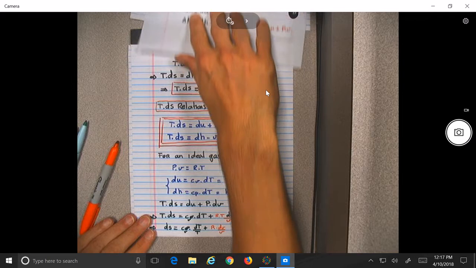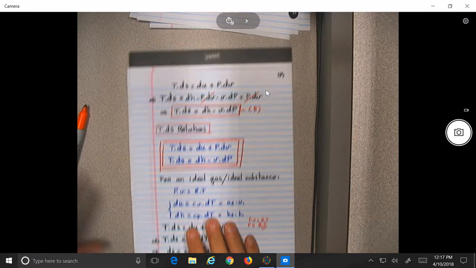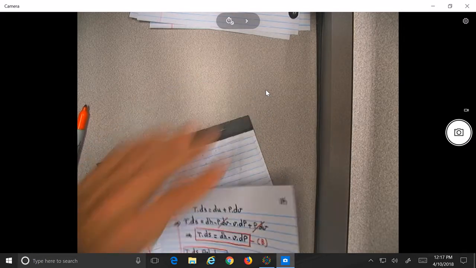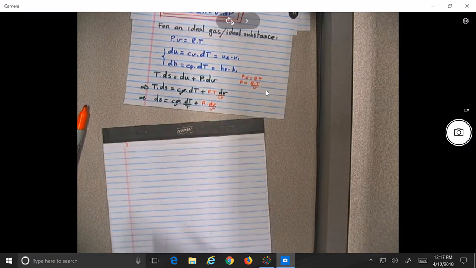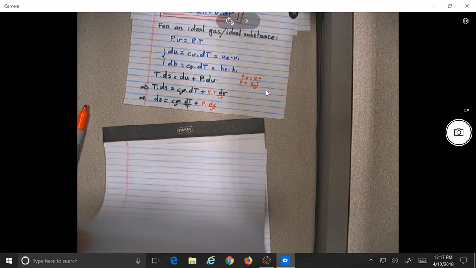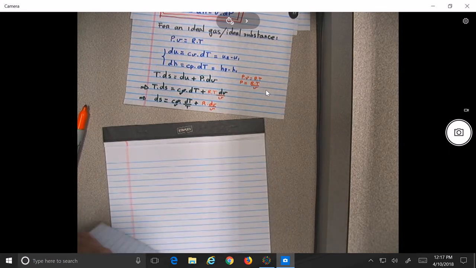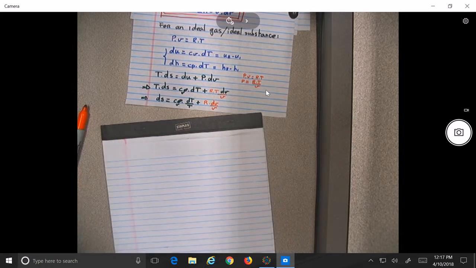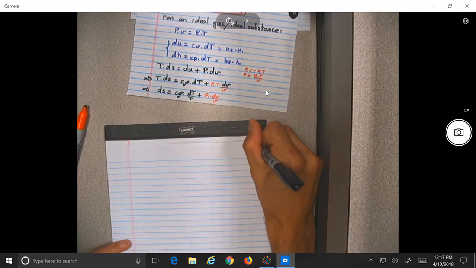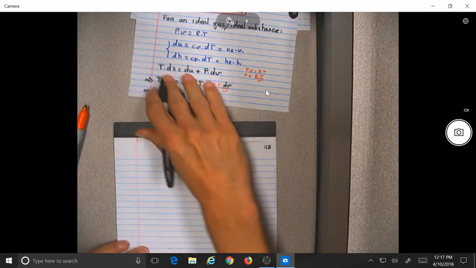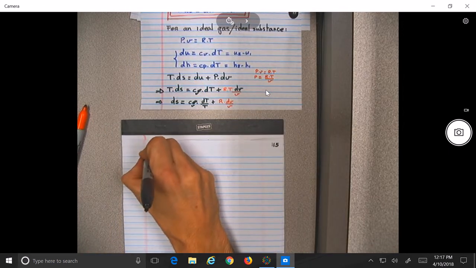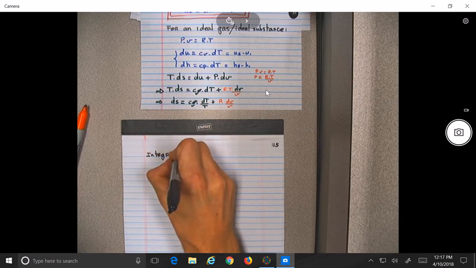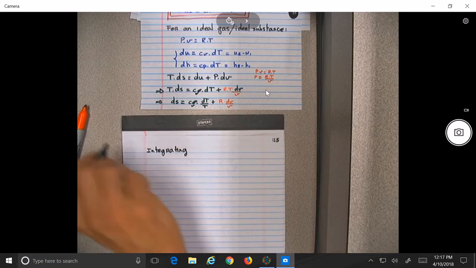Okay? So, next. Too many pages over here. So page 115. If I go and say integrating, what am I going to get?